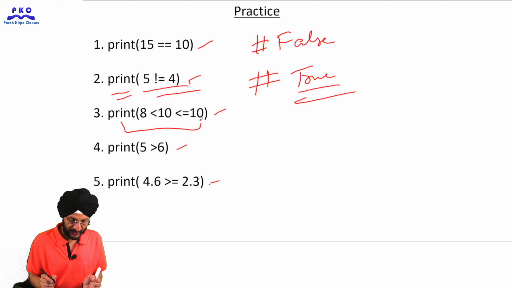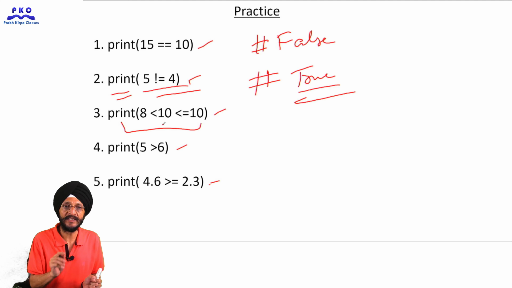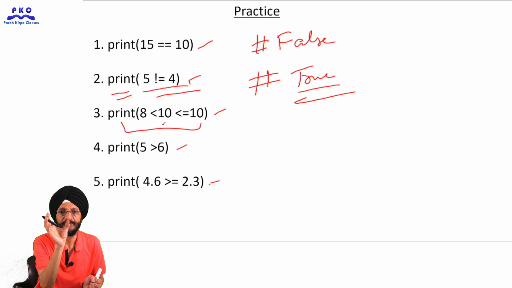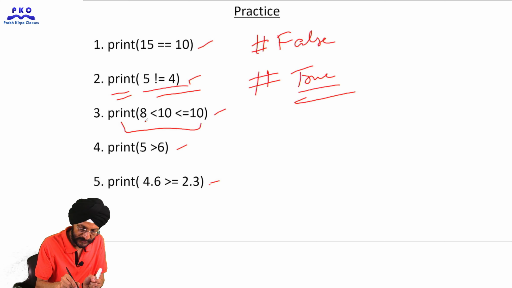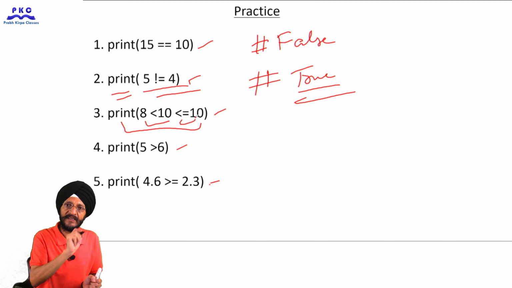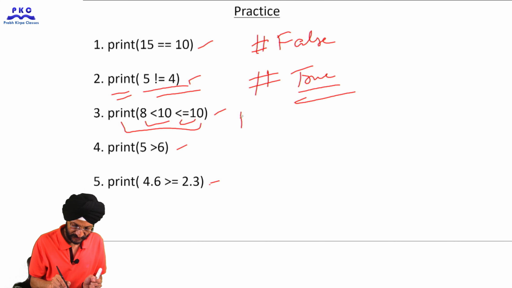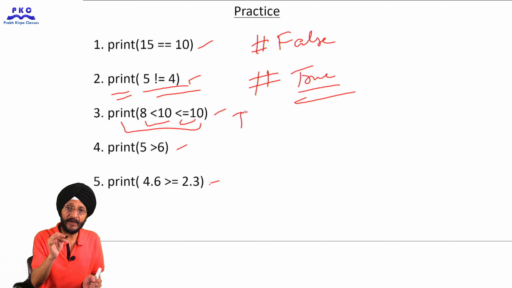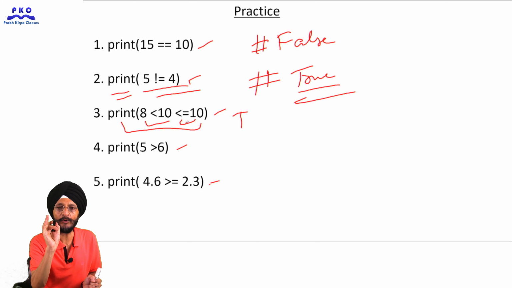Next is print 8 is less than 10 is less than or equal to 10. It is a chained comparison. First we solve the first part, then the second part. 8 is less than 10. This is true. Next part, 10 is less than or equal to 10.